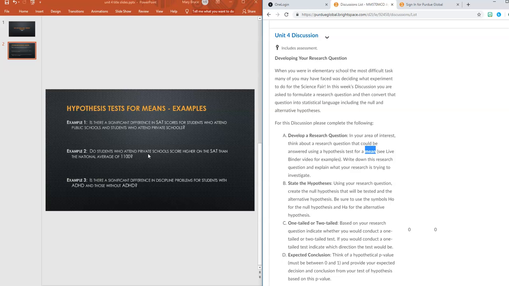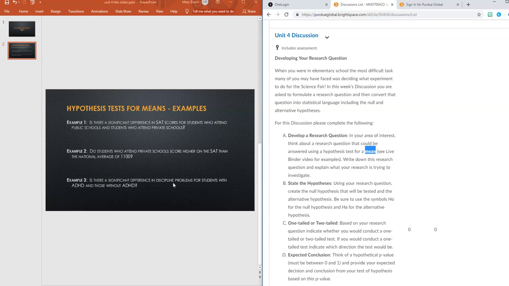Example 3: is there a significant difference in discipline problems for students with ADHD and those without ADHD? That is similar to example 1. Now we would have to specify how we're going to measure discipline problems, because that's sort of vague. It's not real clear how you're going to quantitatively measure that.